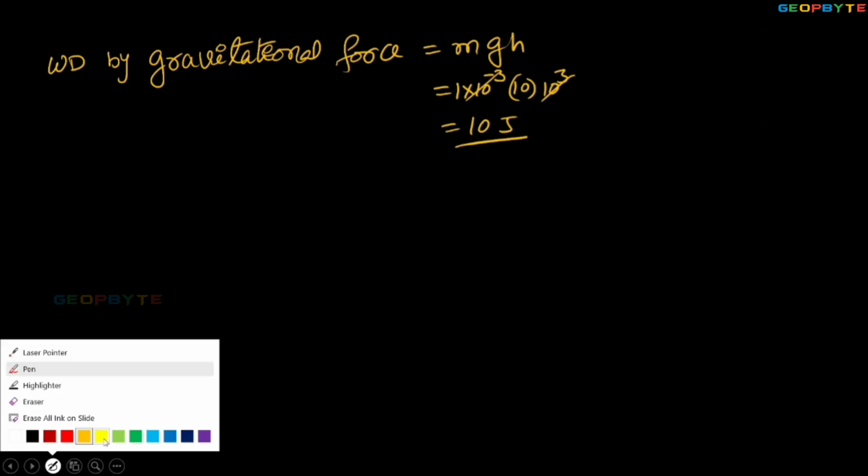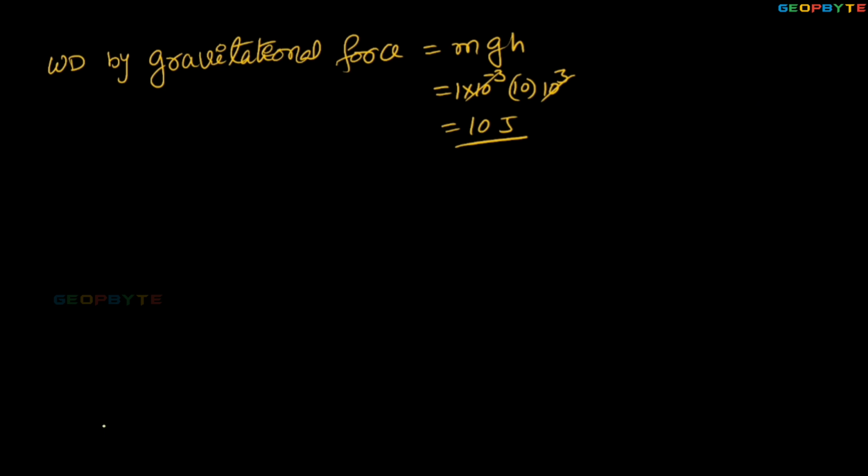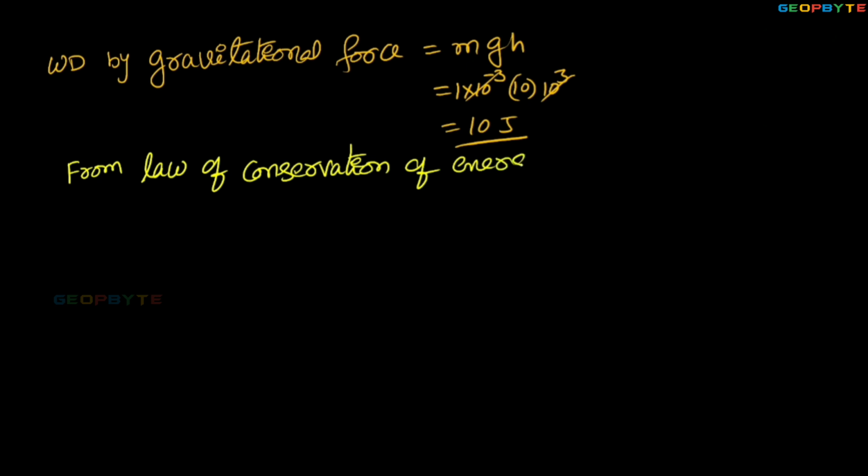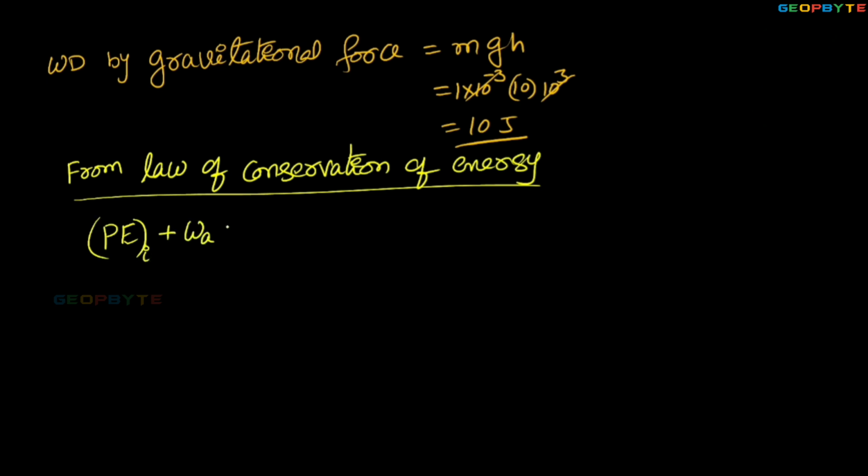Now, for deciding the work done against the air resisting force, we need to take the law of conservation of energy. From the law of conservation of energy, initially it has potential energy, so initial potential energy plus work done against the air resistance must equal final kinetic energy minus initial kinetic energy.